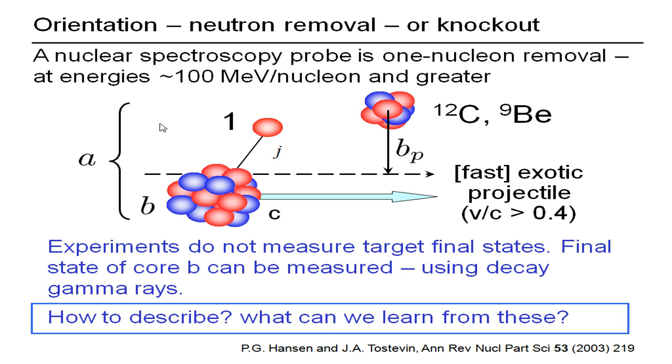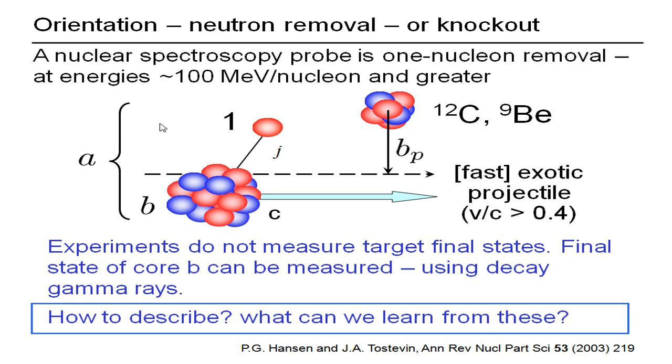And you see this guy going forward, and you can measure its energy and measure its momentum, and if it happens to be excited, it may emit a gamma ray, and if you see the gamma ray, you learn something about the state that this object was left in.